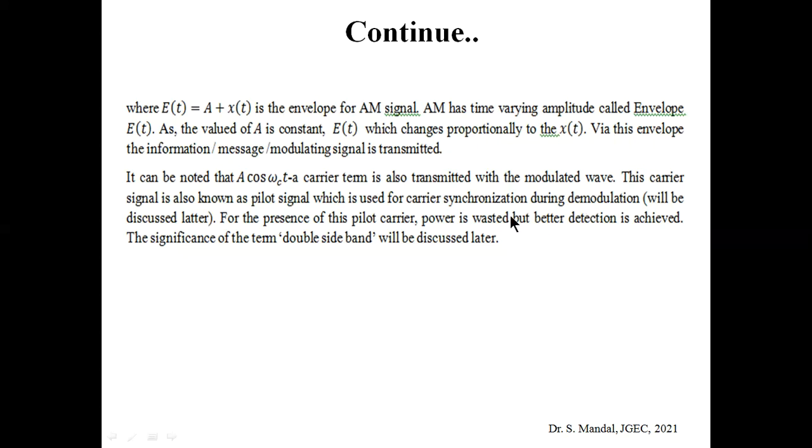Right now, just remember A cos omega_c t is the separate carrier term known as the pilot carrier, and it is used for carrier synchronization at the receiver end for demodulation of the incoming signal. That is the significance of the term full carrier, which means the carrier term is present.